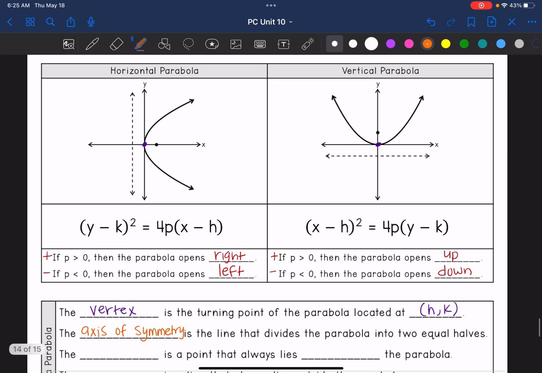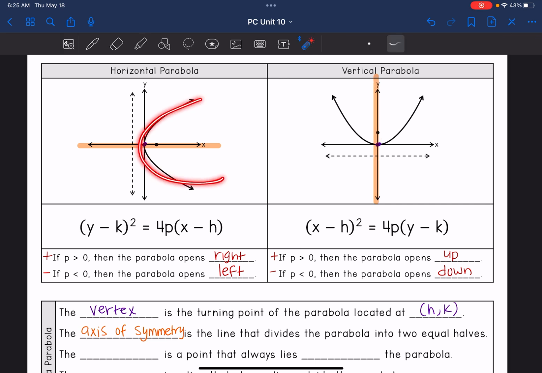So when it's a horizontal parabola, your axis of symmetry is going to be a horizontal line. When it's a vertical parabola, your axis of symmetry will be a vertical line. And see how here's our parabola and it just gets cut in half. That's exactly what the axis of symmetry is supposed to do. So I'm going to label this AOS just so we can remember that it means axis of symmetry.